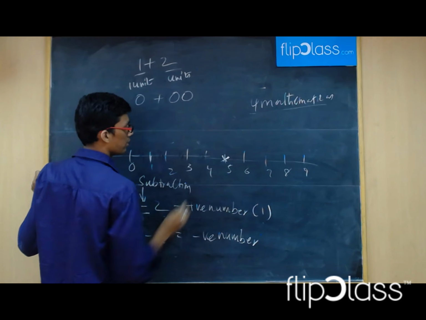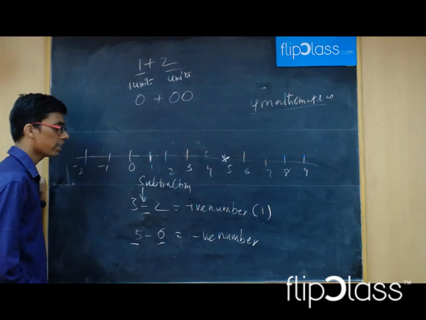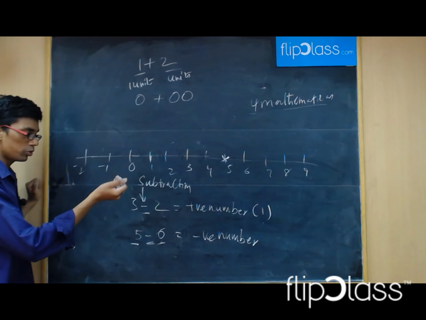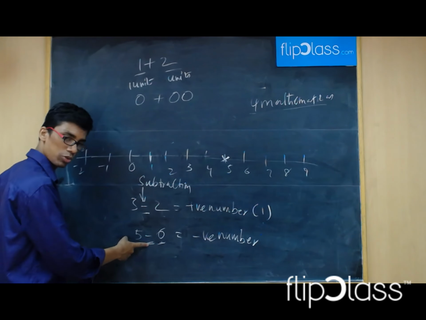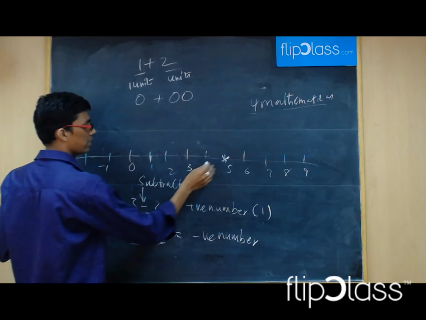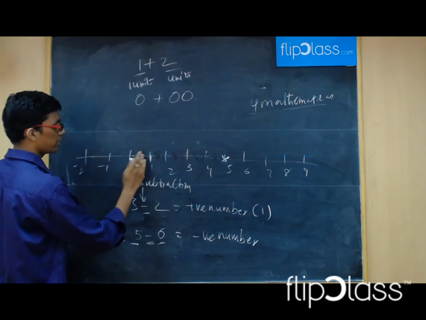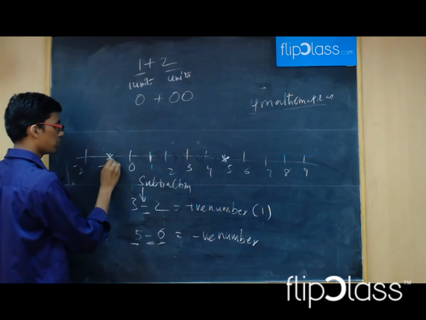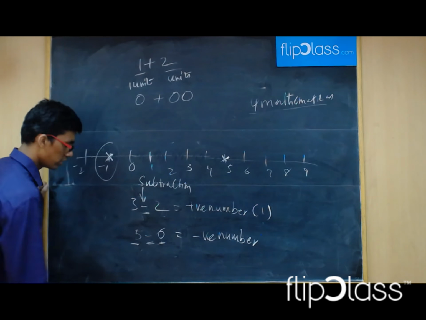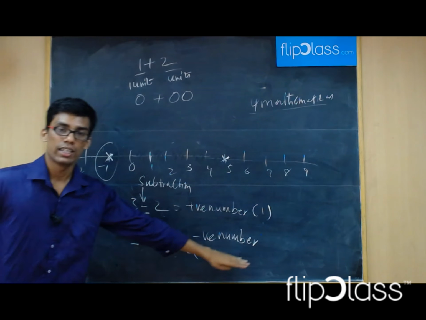This is 5. You have moved to the right because this number is positive. Now there is a negative symbol here. Negative symbol means you have to move to the left. How many units? 6 units. So from 5, you move 6 units to the left: first unit, second, third, fourth, fifth, and sixth unit. So you end up here. So 5 minus 6 is nothing but minus 1, which is a negative number.